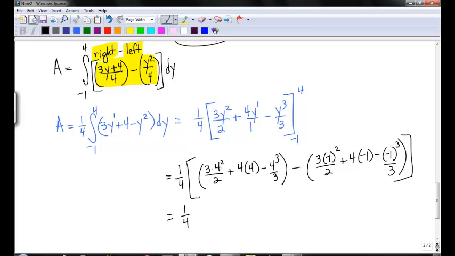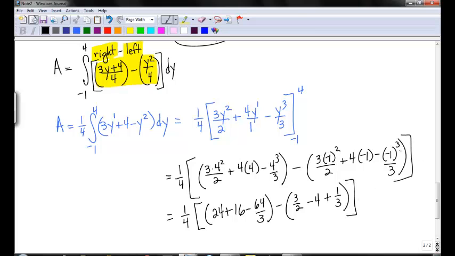When you simplify this, you should get 16, 8, 24, 24 plus 16 minus 64 thirds. Simplify this one, we'd have 3 halves minus 4 plus 1/3. Got to keep track of the signs right here.